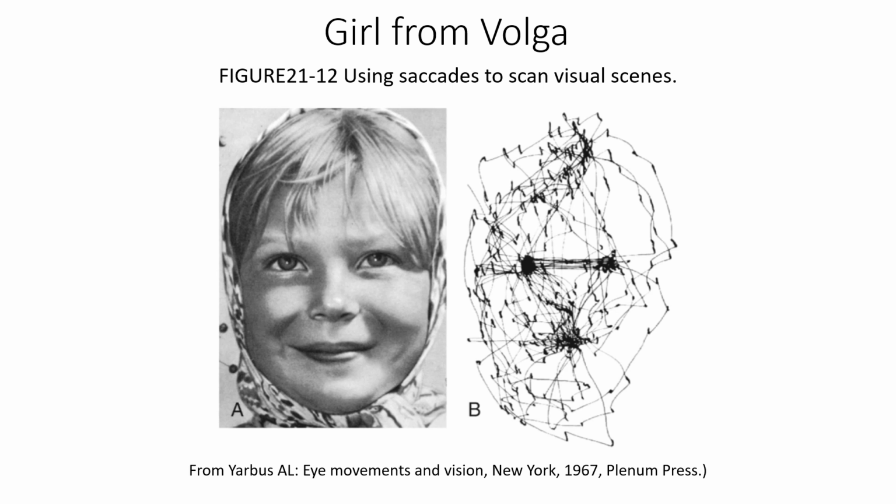Figure 21-12 illustrates the point this way. Using saccades to scan visual scenes, a photograph called Girl from Volga, which a subject was asked to look at for 2 minutes. Recordings of the eye position during this 2-minute period were taken. Thin lines represent saccades between points of fixation, which center around parts of the face of greatest visual interest.